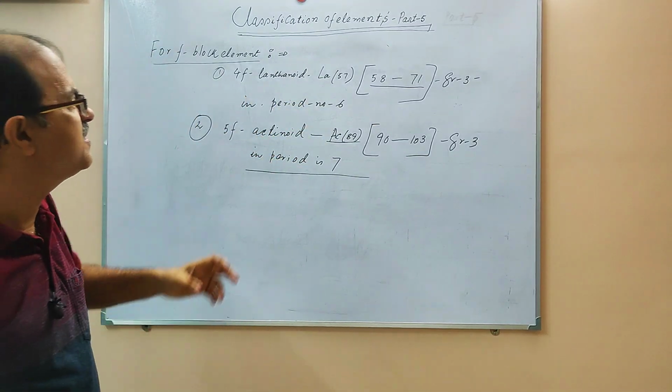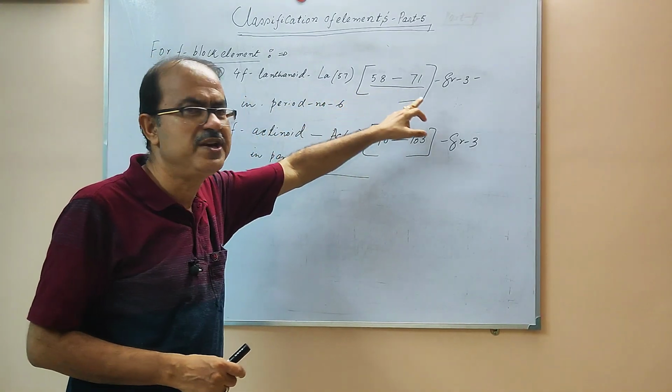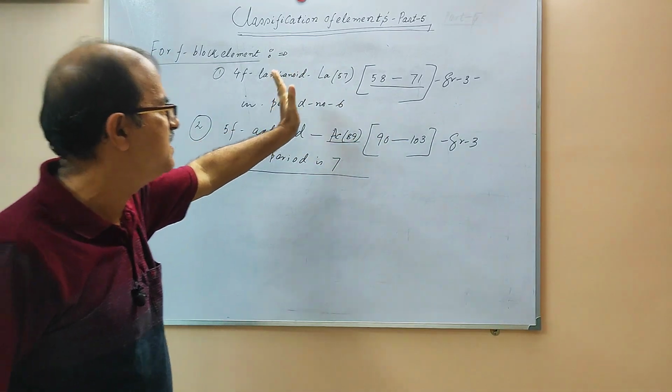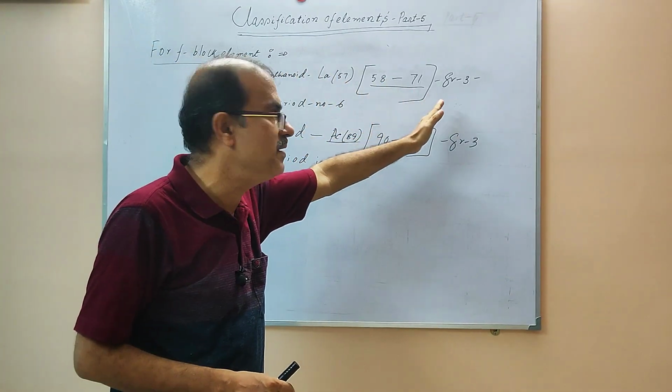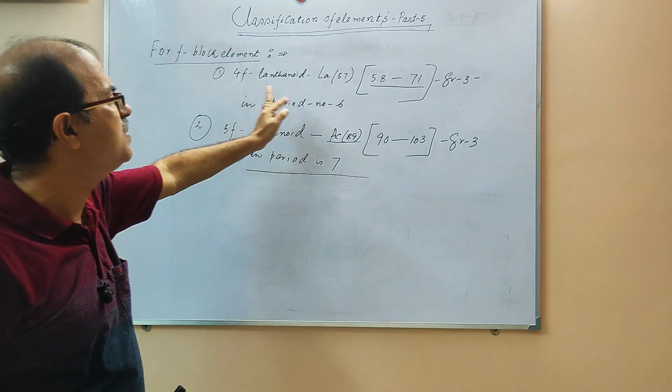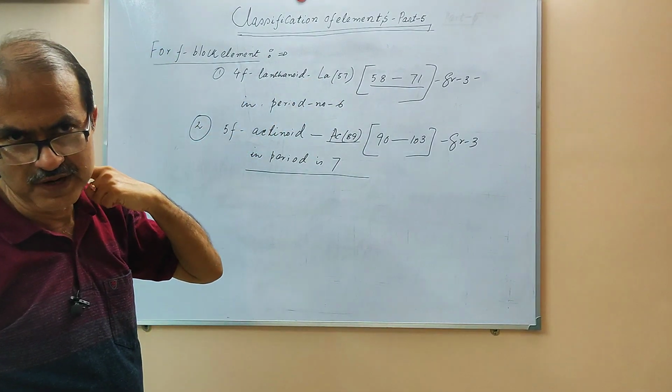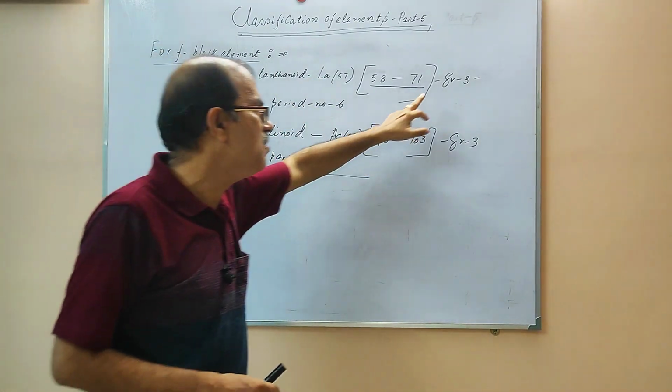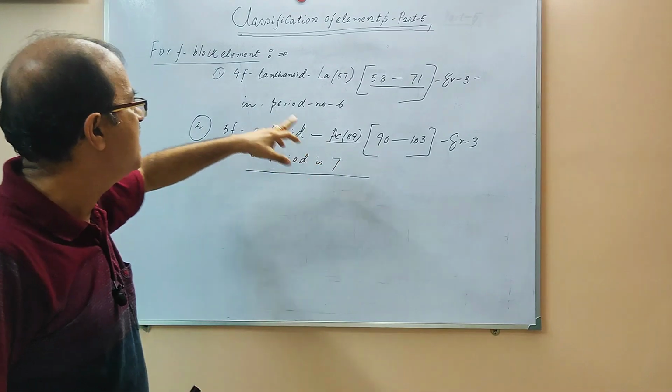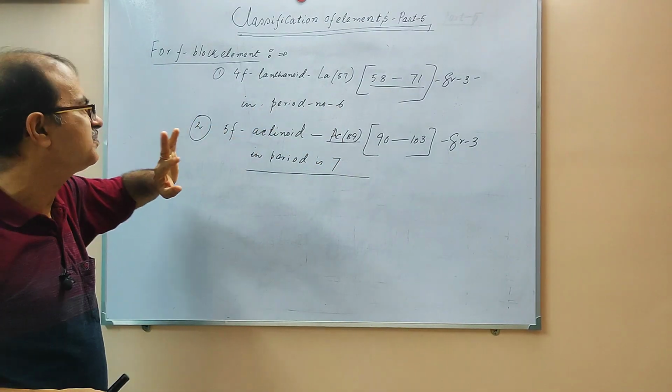In the lanthanoid series, a total of 14 elements, from cerium, atomic number 58, to lutetium, have been placed with lanthanum, whose atomic number is 57, in group number 3 and period number 6.